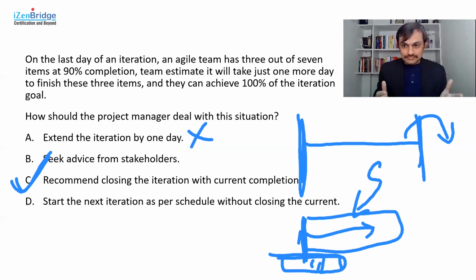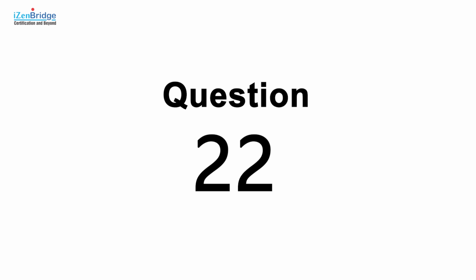So you might have seen such things in your organization, but it is not at all a good idea because it confuses the whole process and hampers our collection of data like velocity number, getting stakeholder engagement at the iteration boundaries like iteration reviews, reflecting on what was working, what was not working. So all those things start getting disturbed when we start taking these kinds of workarounds. So option C is the best option in this particular situation.